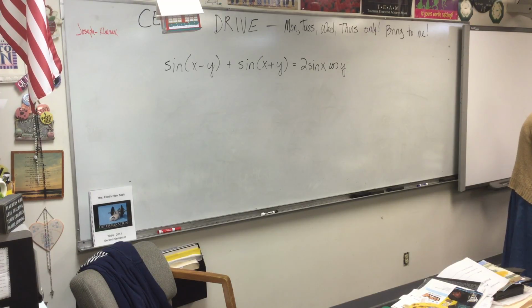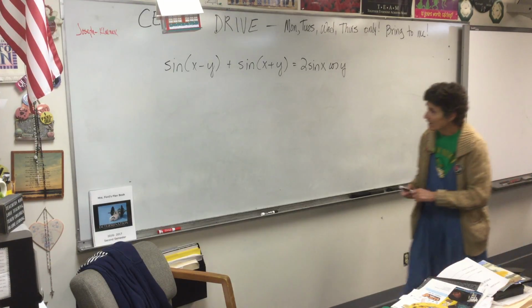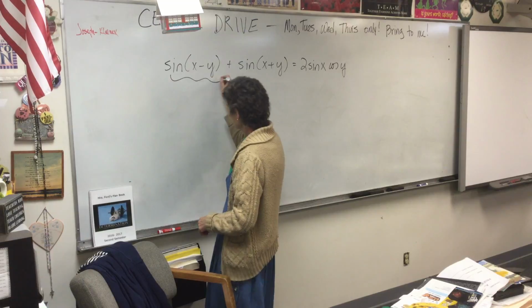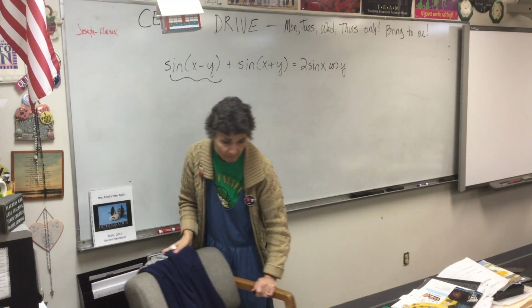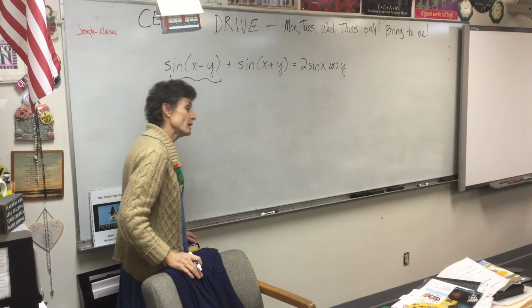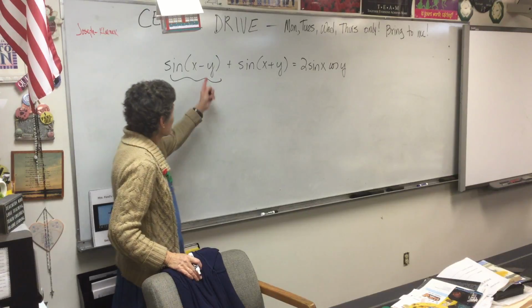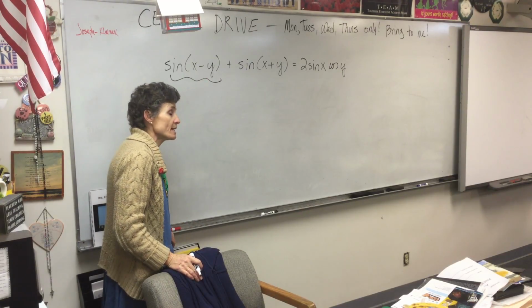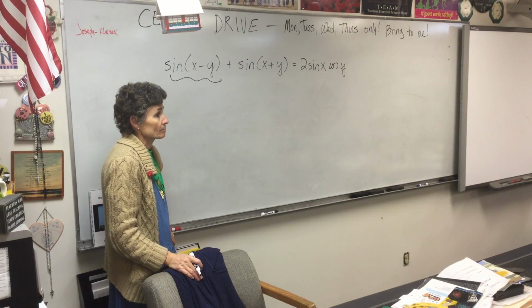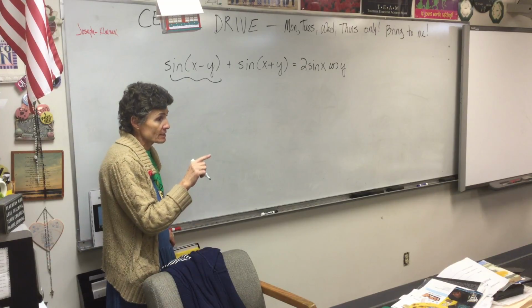Sine, cosine, plus or minus, cosine, sine. That's exactly what you do. Don't we have an identity that tells us what that equals? Yes, we do. It is a difference. What does the identity tell me? It's in the sum and difference identities.